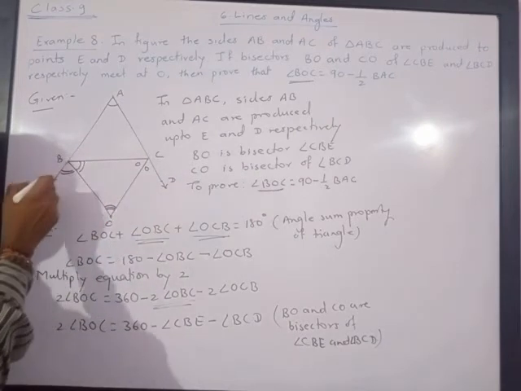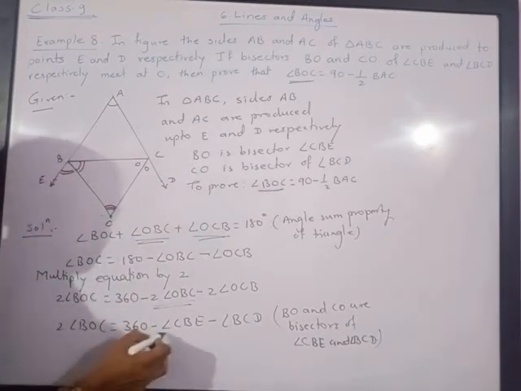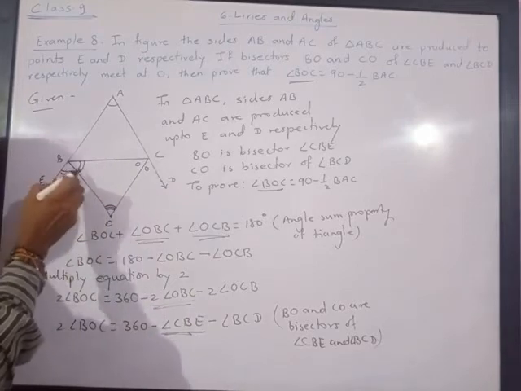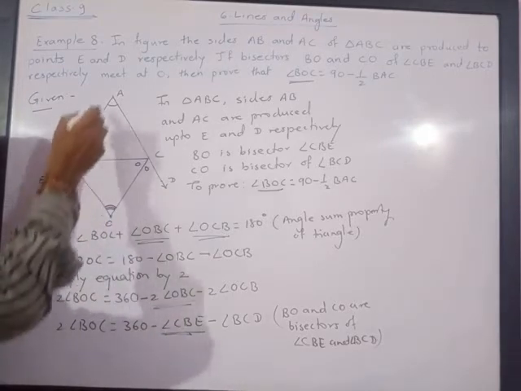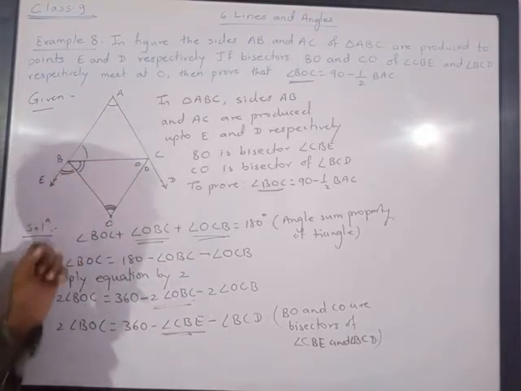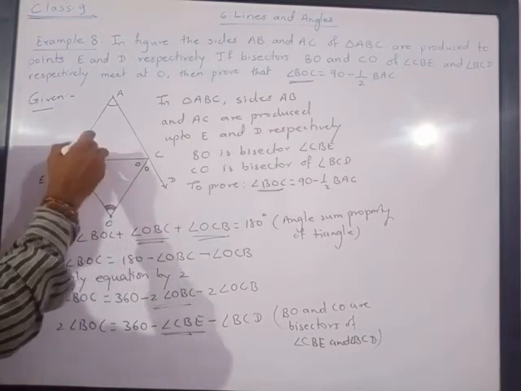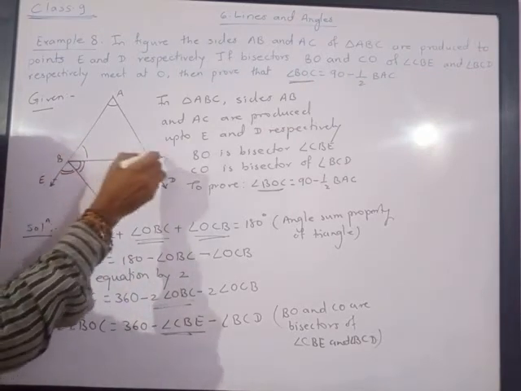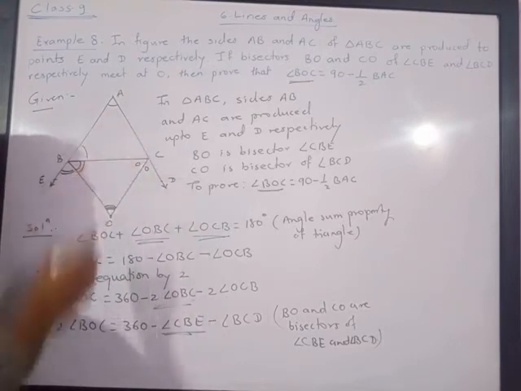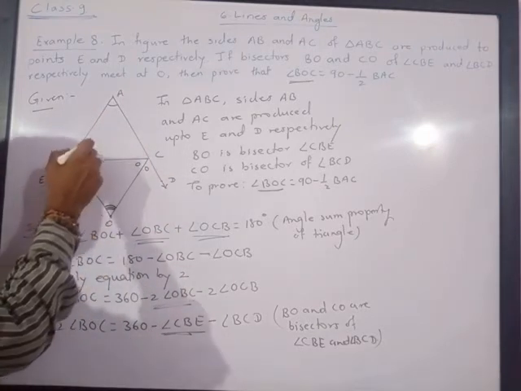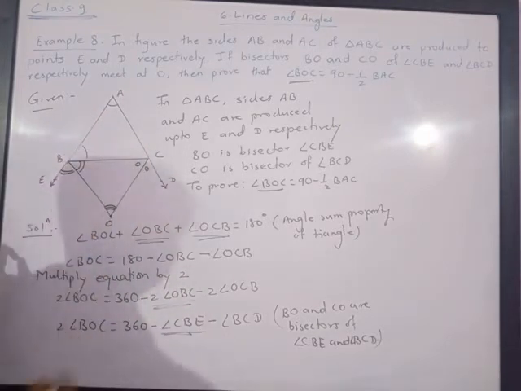Now look at the figure. This CBE is nothing but 180 minus angle ABC. I hope everybody understands. This forms a linear pair. CBE and ABC form a linear pair. So we will write one step for this.